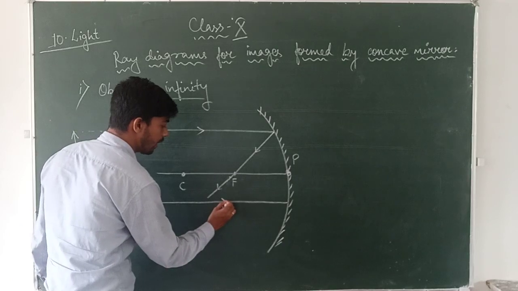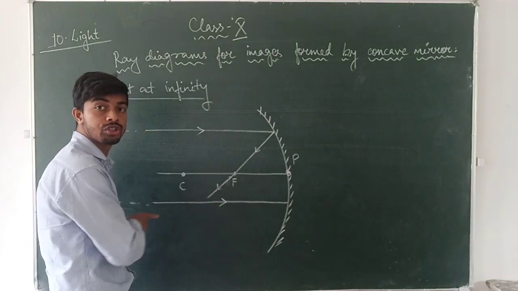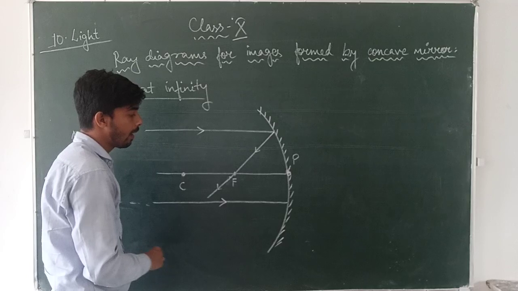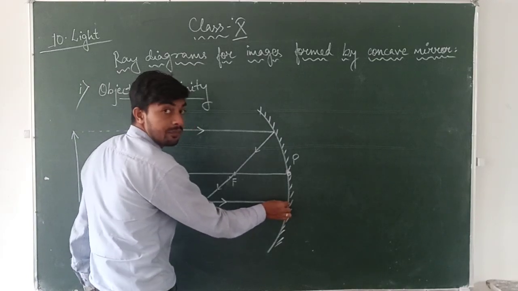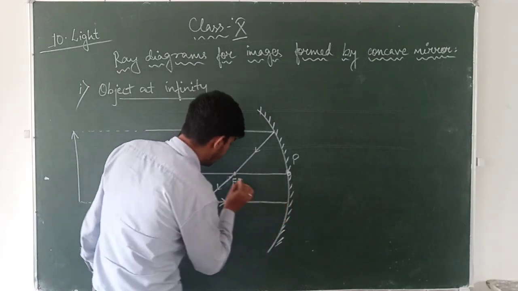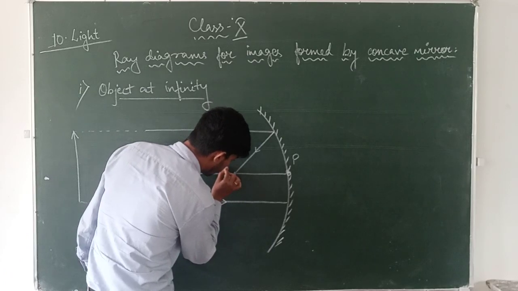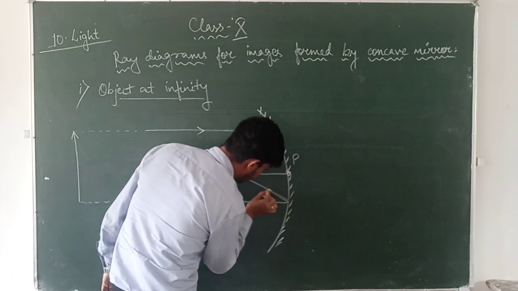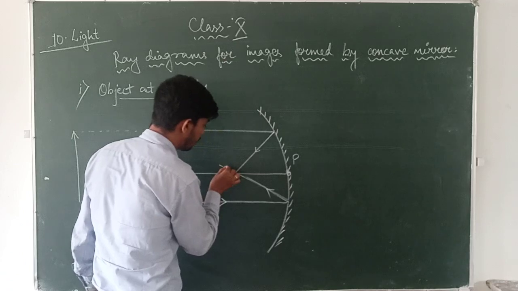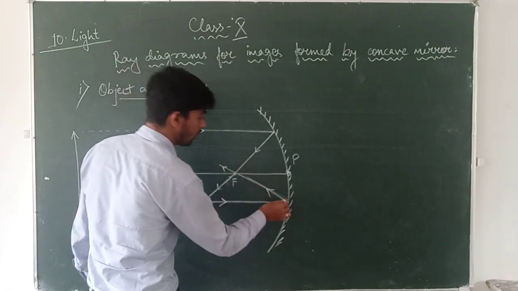This ray will also have the direction arrows which show in which way the ray is traveling. And after reflecting from the mirror, the ray will pass through the focus. The ray will go like this.